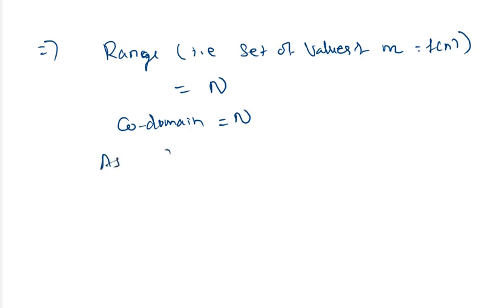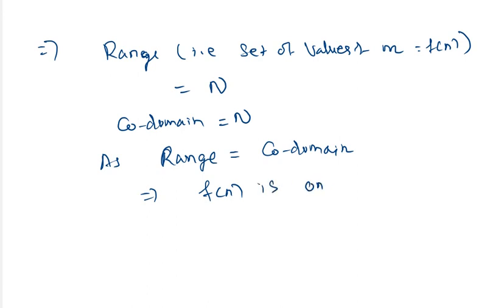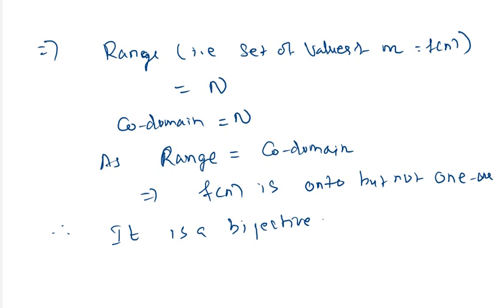As range equal to codomain, the function f of n is onto but not 1 to 1. Therefore, it is not a bijective function. It is not a bijective function. Clear?